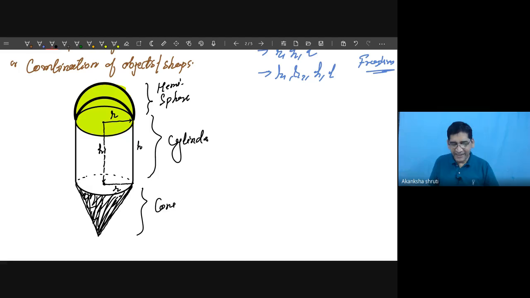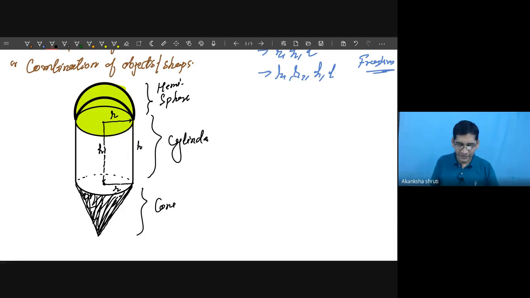Whatever is hidden, the joint, is not considered, like the surface area common to the circular area of the cone and the circular area of the cylinder need not be considered. So for calculating the lateral surface area or curved surface area, we need to consider the curved surface area of this cone, this cylinder, and this hemisphere.